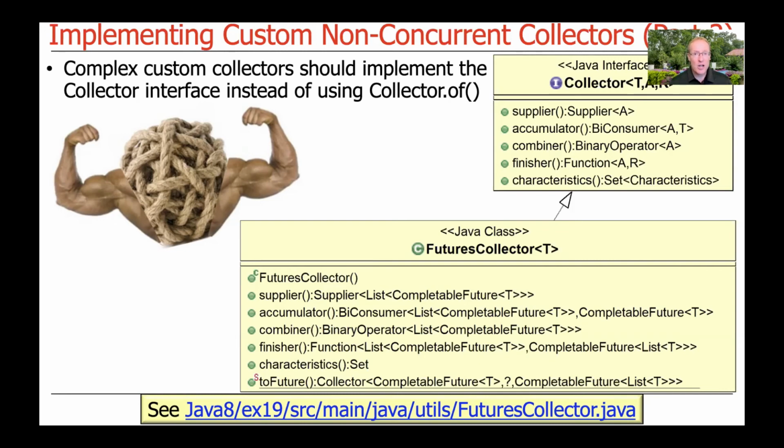But later, when we talk about completable futures and we have a much more powerful finisher that actually does a lot of interesting and complex things, we're going to use an implementation called a futures collector that will implement the Collector interface. And you'll get a chance to see how that works. And it's really powerful, very open-ended. Once again, Java's frameworks are helping to make your life a lot easier.